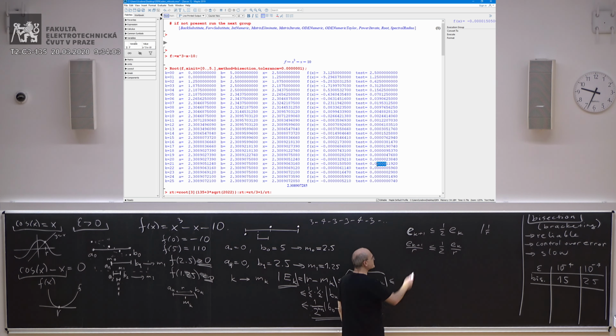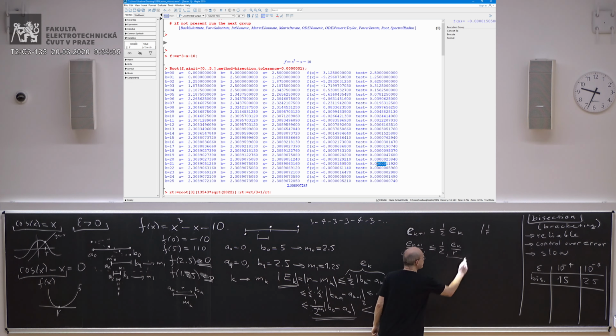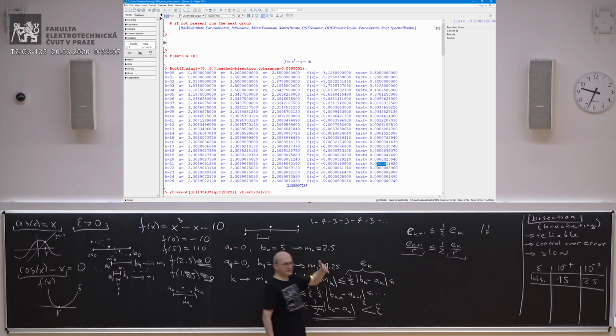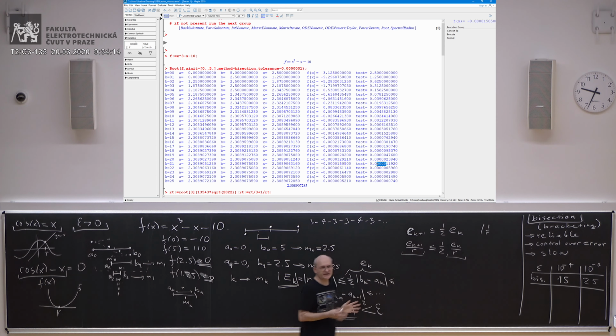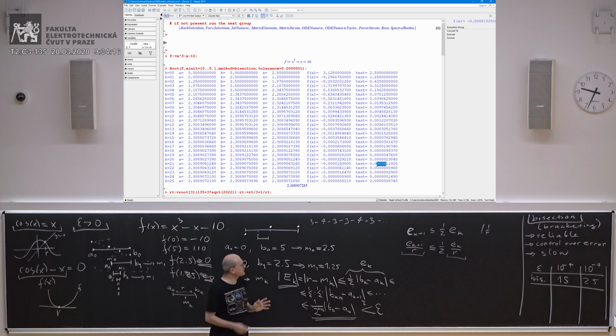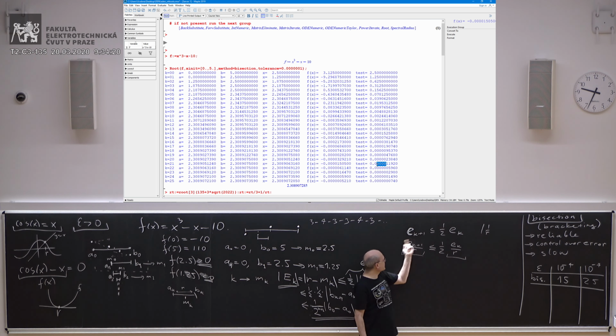But anyway, when we look at this, we can see that at each step, the relative error, or the envelope for it, the upper bound, gets halved. Now, how do we improve precision by 1 digit? And we talked about it earlier. If you want to improve the precision by 1 digit, you have to lower the relative error 10 times.